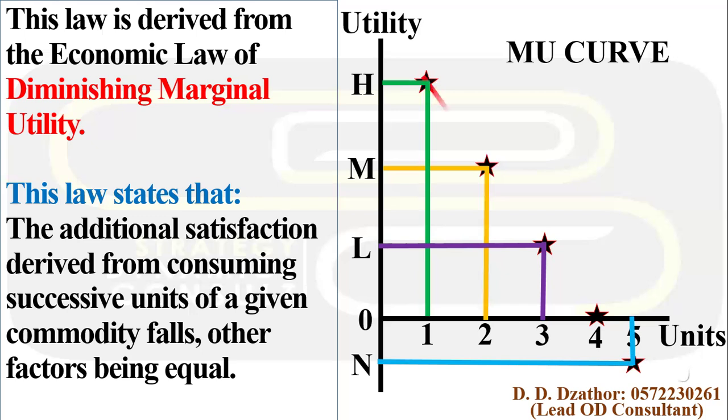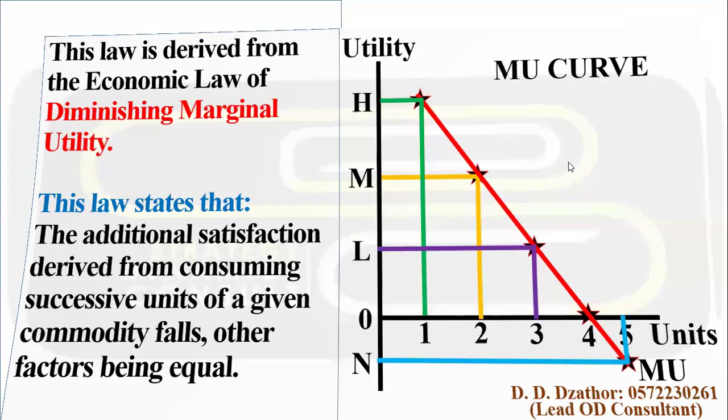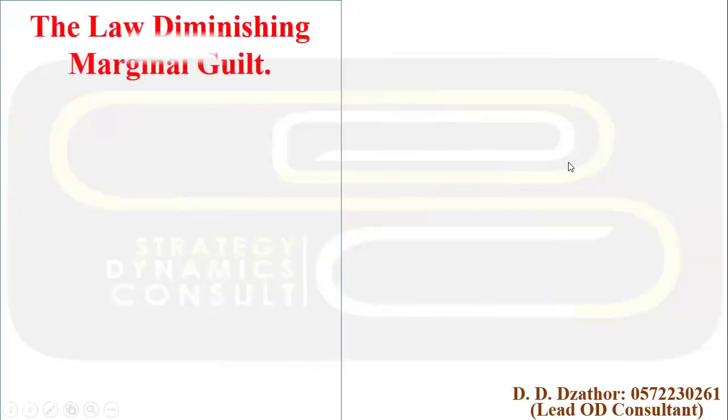So if you join all these plots together, then we get a negative slope for the marginal utility, demonstrating that there's a negative or inverse relationship between the satisfaction that you get and the number of times that you use a given product. So now we move on to the law of diminishing marginal guilt.